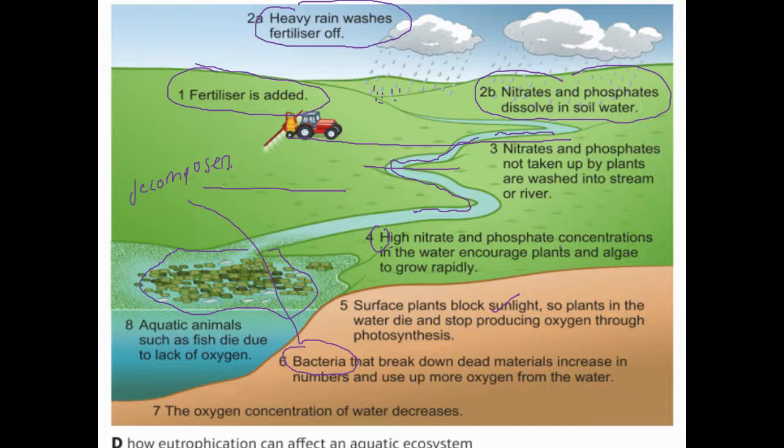Decomposers, boys and girls, then break down dead material, they increase in number, and when they're eating dead stuff, they use up the oxygen. This causes any aquatic animal, such as a fish, to die due to the lack of oxygen, and overall the oxygen concentration decreases.